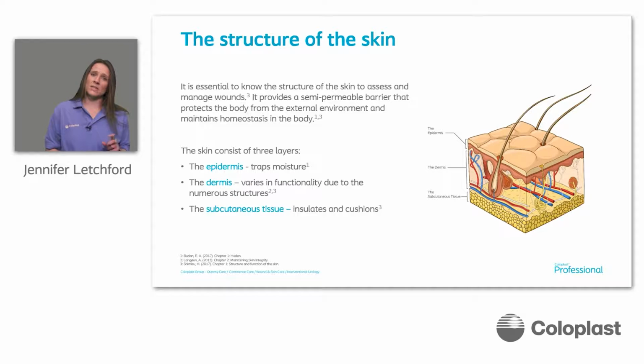When we split the skin into the structures that lie within it, it helps us to understand how that can impact on wound healing. It's really essential that we do understand this in order to help us with our wound assessment, for example. When we're looking at the skin, we can split it into three areas: the epidermis, the dermis, and the subcutaneous tissue.